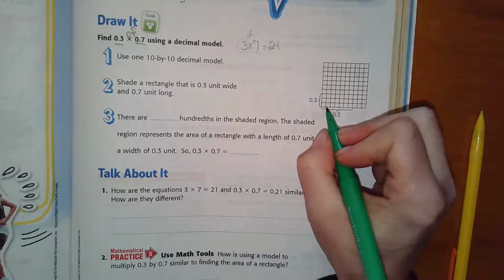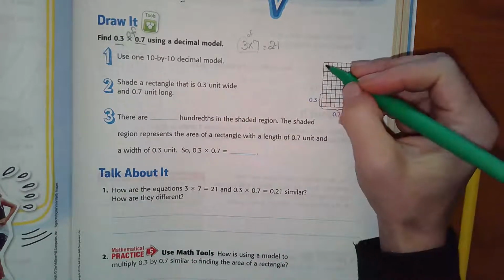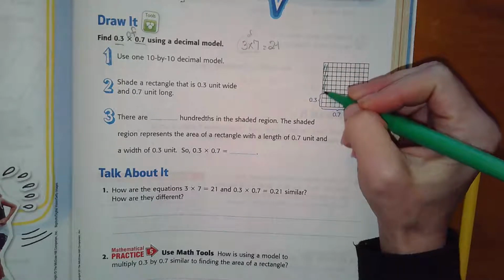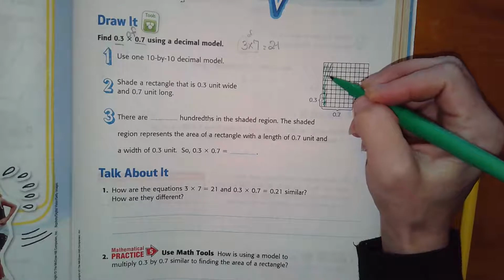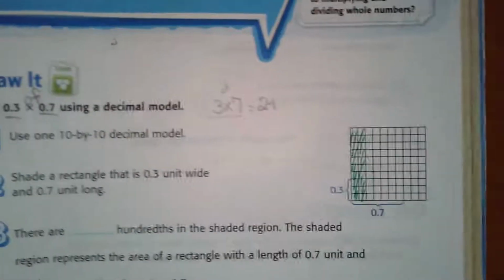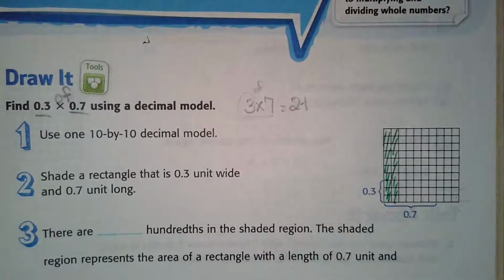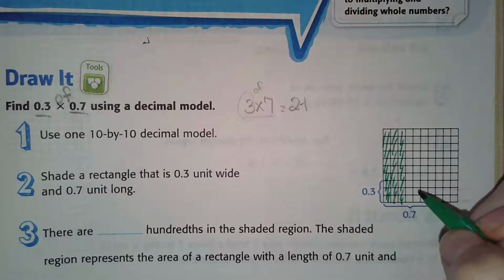So if we look at 7/10, where do we get the 7/10? Well, there is 1 column out of 10. There is the second column out of 10, and I'll even zoom in closer for you. The third out of the 10 columns.